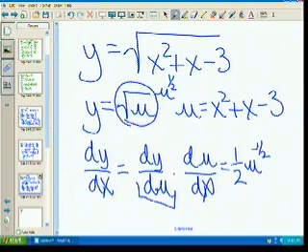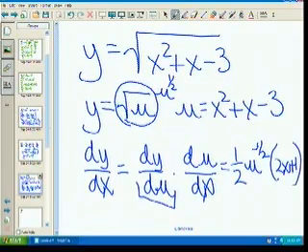What's du over dx? 2x plus 1. So part of our answer is in terms of x, which we want, and part of it is in terms of u, so whatever is not in terms of x, let's just make that substitution.